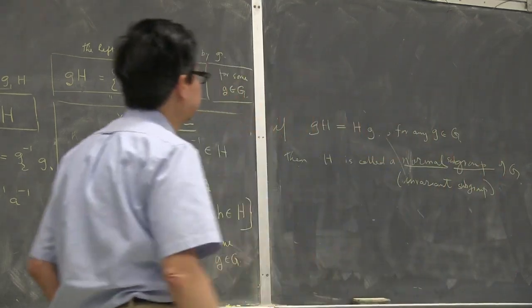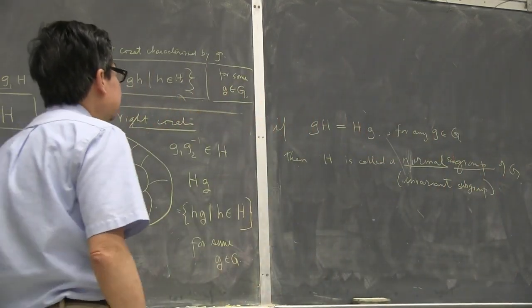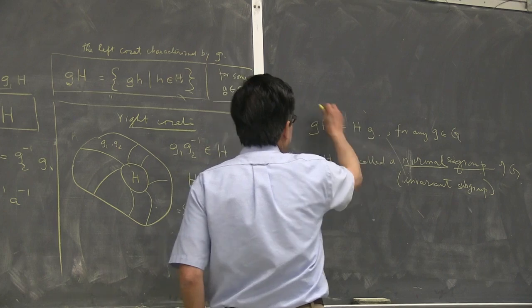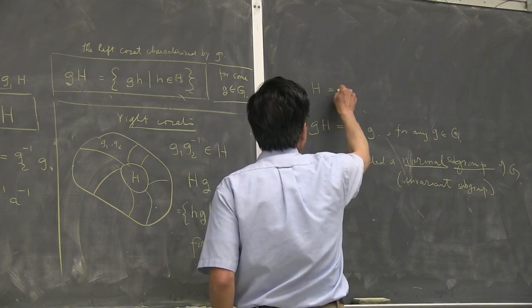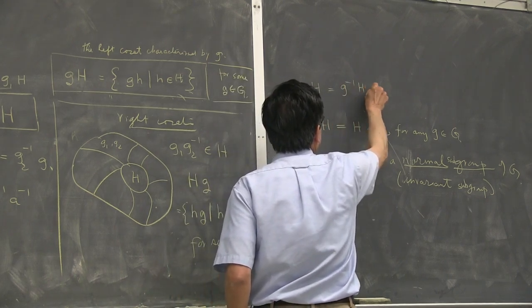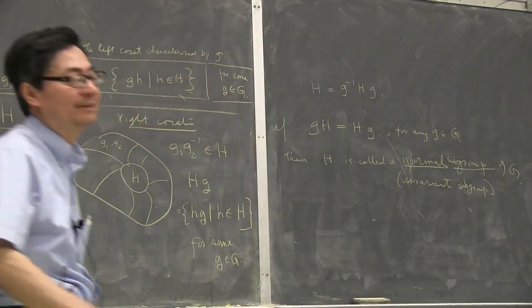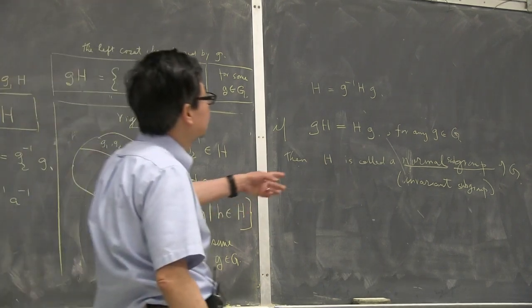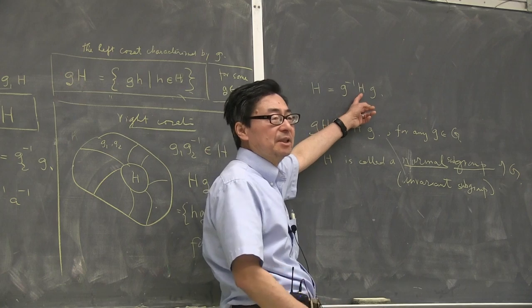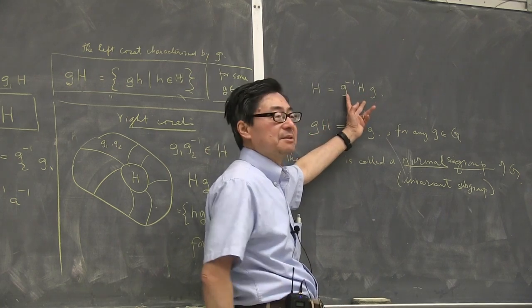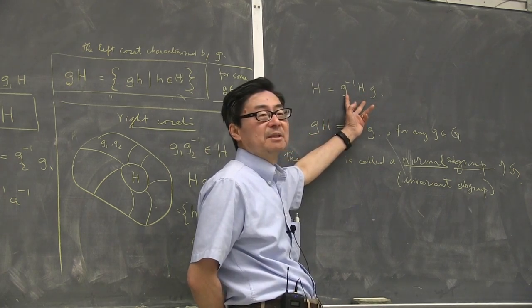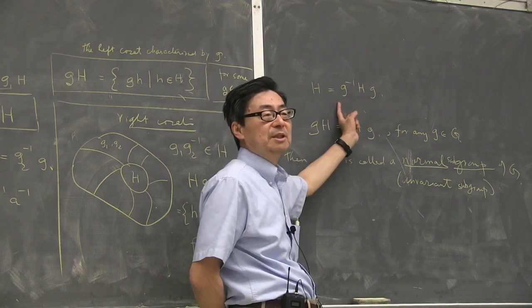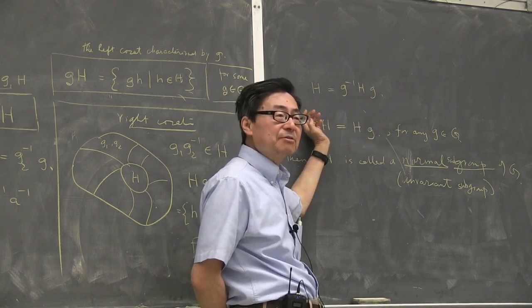Okay, why is it called an invariant subgroup? Because you can multiply this equation on the left by G inverse, and then you will get this. Consider H as some group element. You take any element inside big H, right? And you think of performing a similarity transformation with respect to any G. You get back H itself.